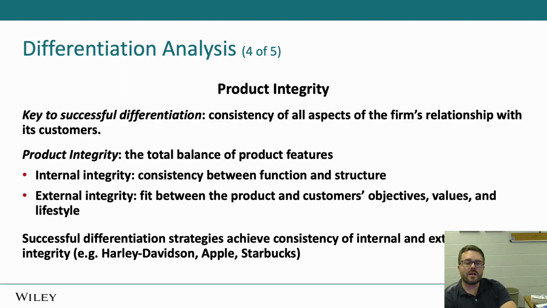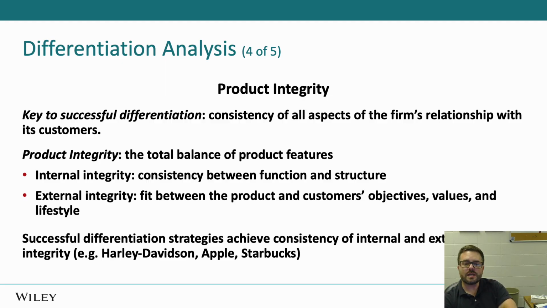A good example of poor internal integrity is the iPhone 6. If you remember, the iPhone 6s didn't do what they were intended. They were very thin, but it was 2012 or whatever, and all the hipsters were wearing tight jeans, and the phones bent in their pockets. That was poor internal consistency. They had a problem with the performance of the product itself.